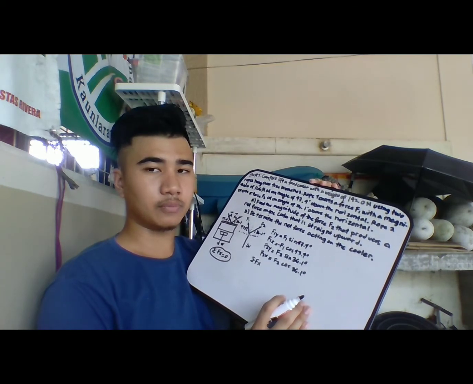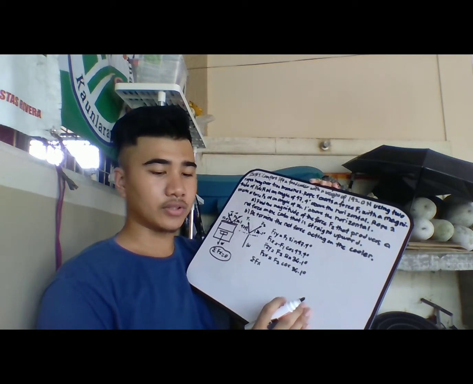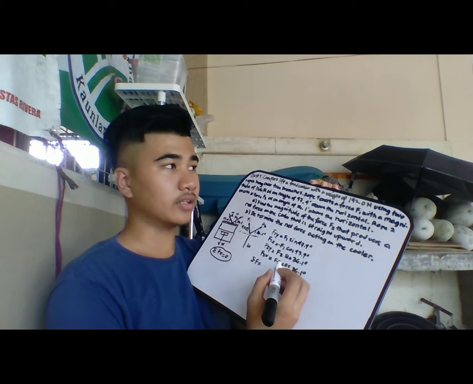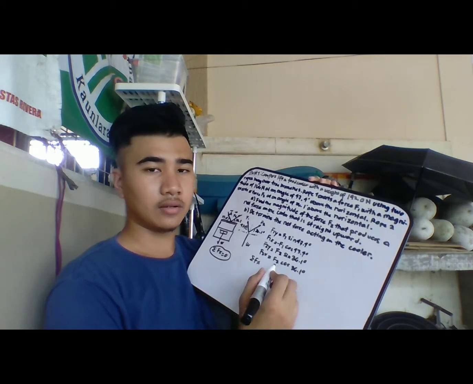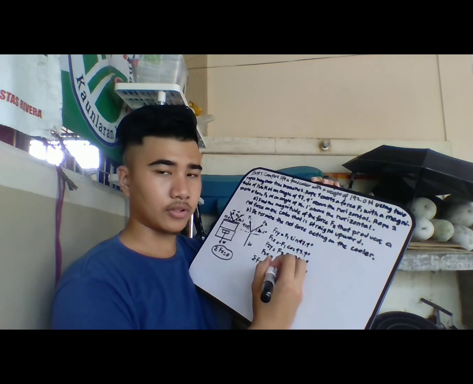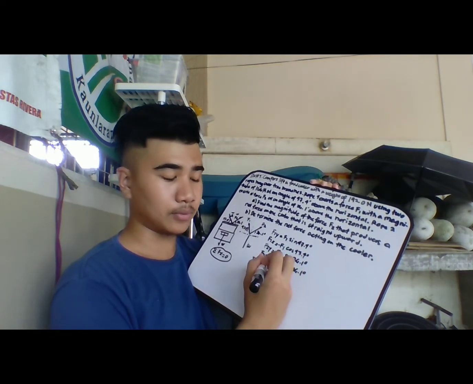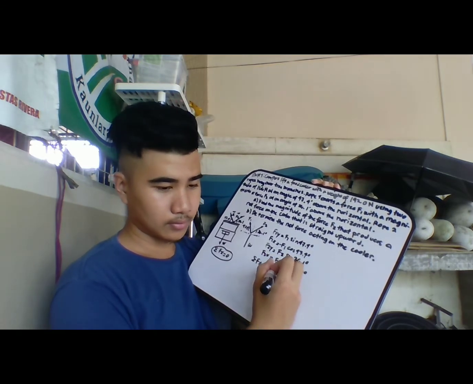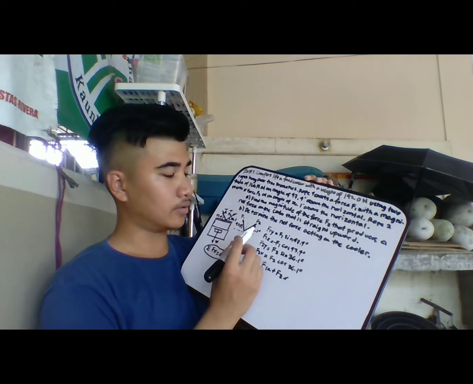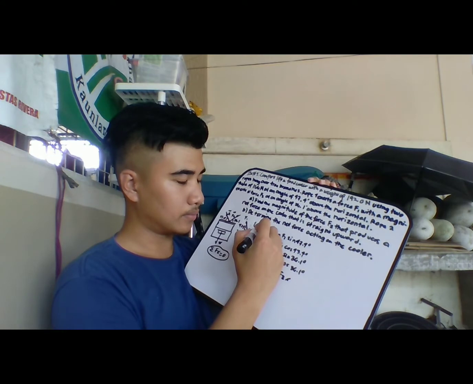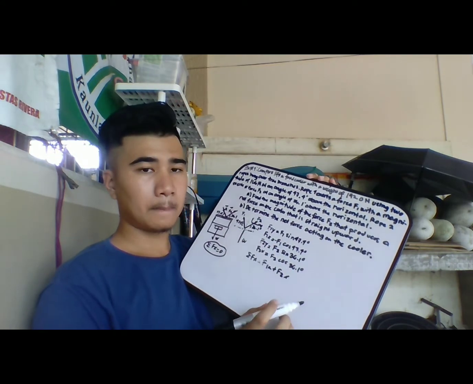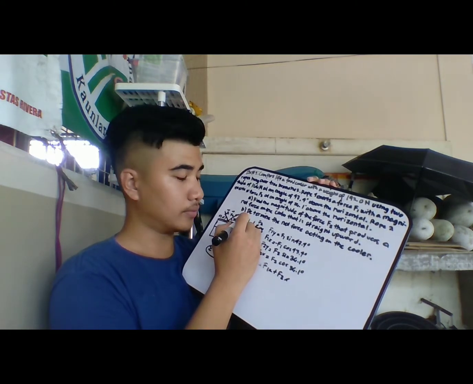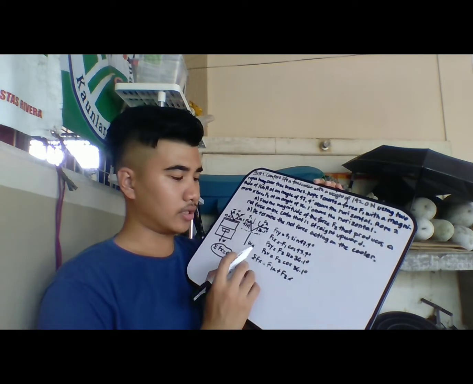In this situation, we can solve for force 2. In the summation of forces in the horizontal, we add all the forces in the horizontal. So we have F2x and F1x.